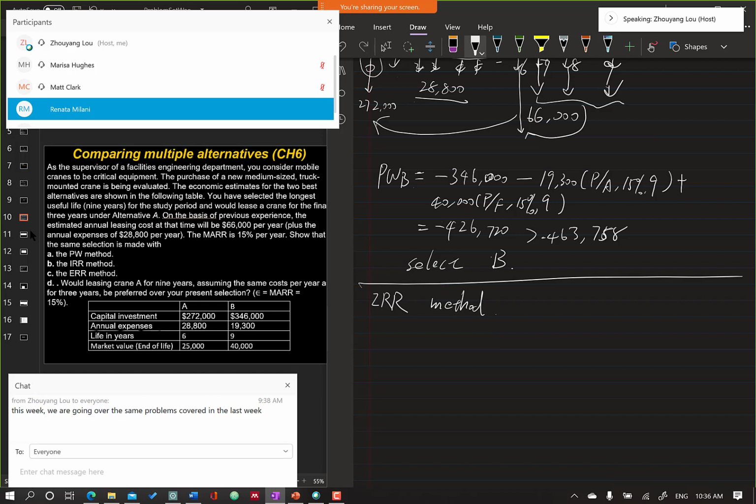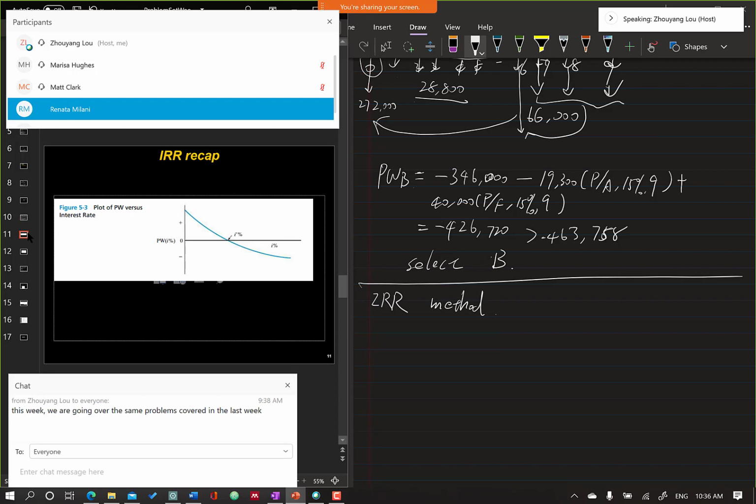I think a little bit different is that in the previous lectures or homeworks, we didn't use IRR to compare two projects. And this time we are going to use this method to compare the two projects.